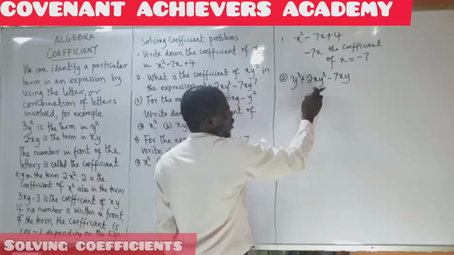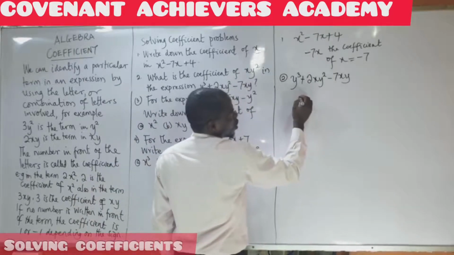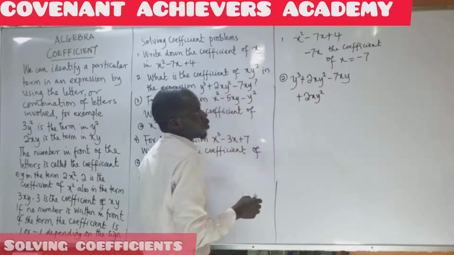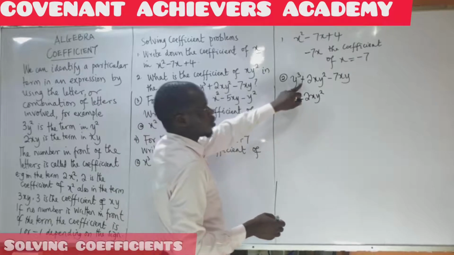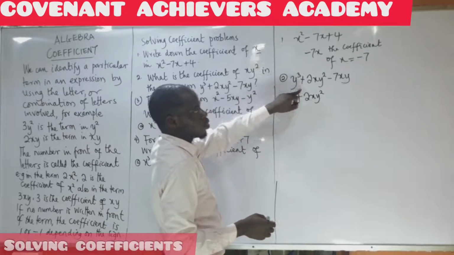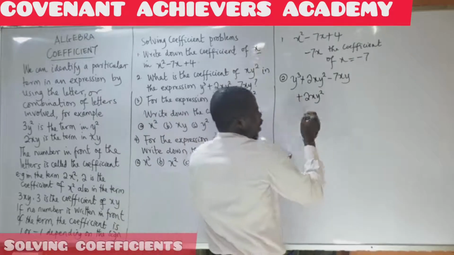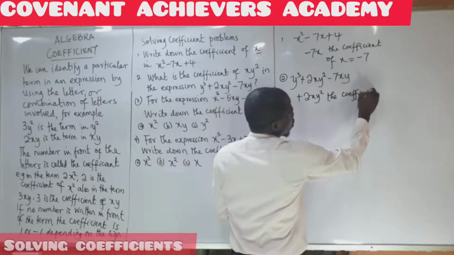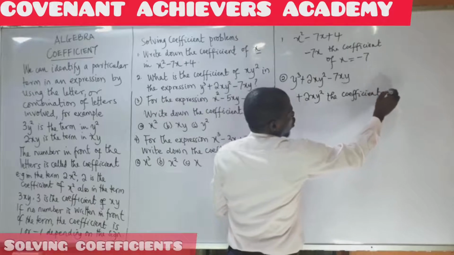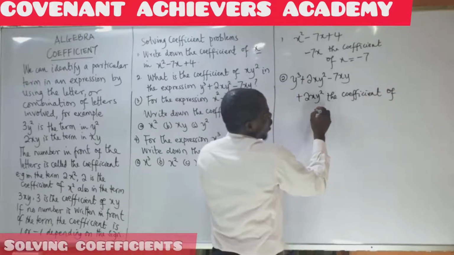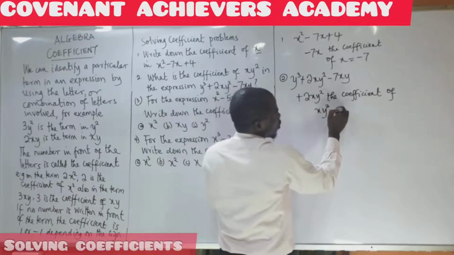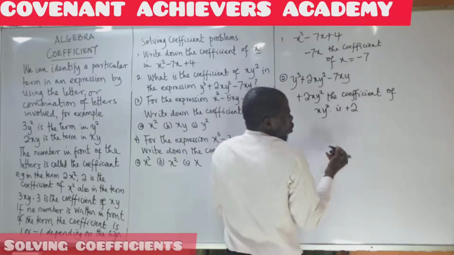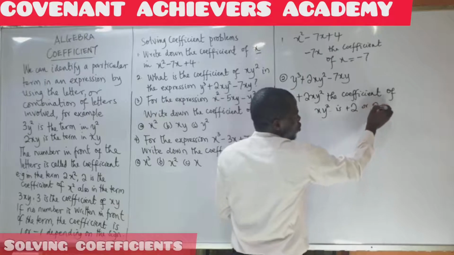The term that has xy squared in this expression is plus 2xy squared, so the coefficient of xy squared is plus 2, or simply put, you can just say 2.